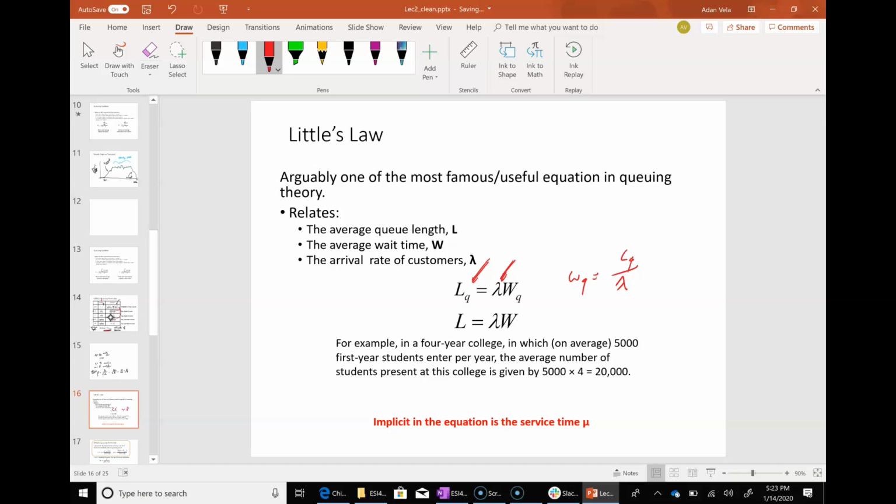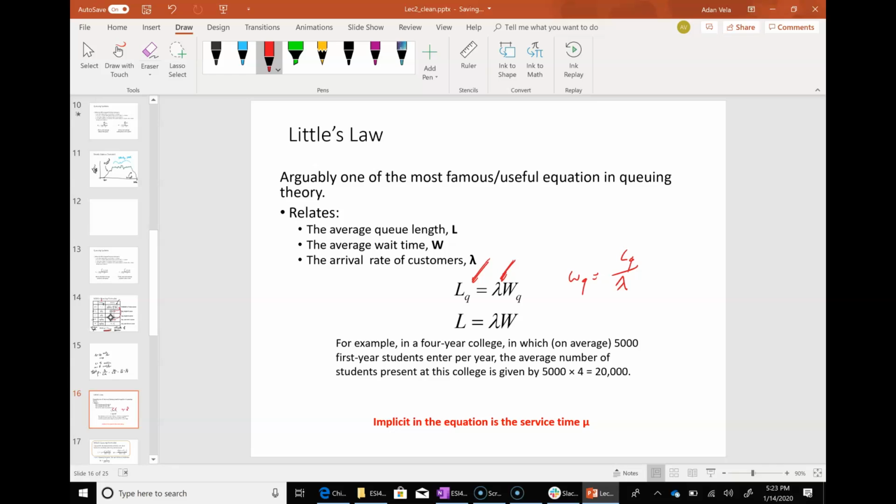Not only does this work for the queues, this works for the system as well. So how long did it take to be processed as well. It's not just the queue, it's the overall queuing system, which is very, very cool. Not only that, the neat part about Little's Law is that it doesn't even require the assumption of the Markov property.